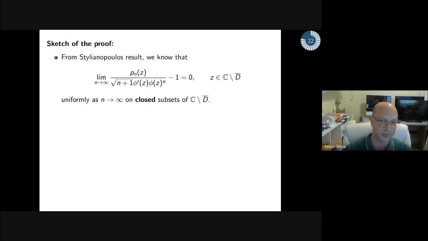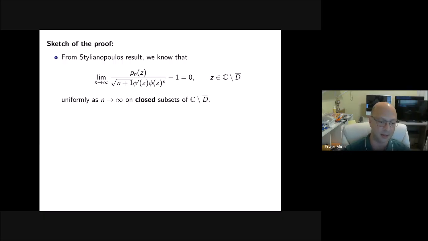Okay, so a sketch of the proof. This is where things could become complicated. With Bergman polynomials, say polynomials orthogonal with respect to area measure on a domain, what you usually use in the classical setting of orthogonal polynomials on the real line or on the unit circle is that you have many tools to deduce results.